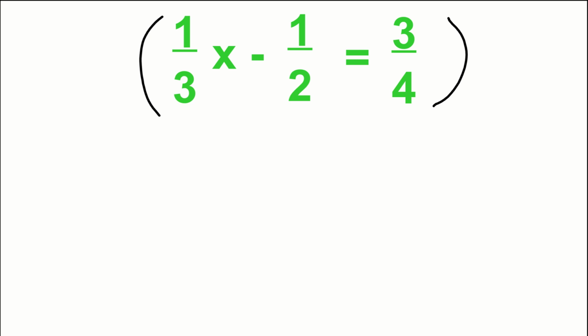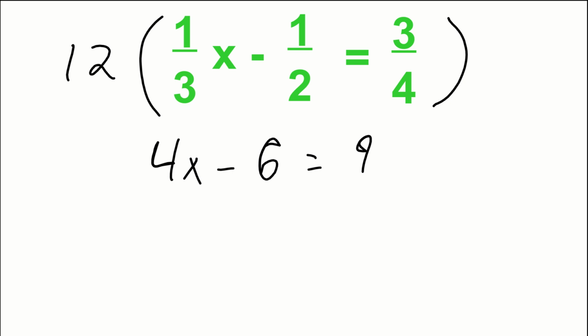And with 3, 2, and 4, we got a common denominator of 12. So if I multiply each of those fractions by 12, we're getting 4x minus 9 minus 6 equals 9.